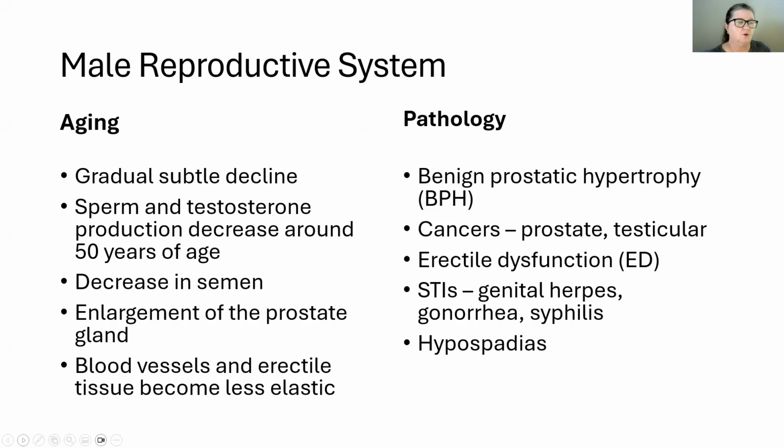There are the cancers, of course, testicular and prostate cancers in men, erectile dysfunction, and certain STIs, genital herpes, gonorrhea, syphilis. And then there's another pathology. This is usually congenital, or they're born with it, hypospadias, which is when the urethral orifice is not at the end of the penis like it should be. It's on the back side of it, or the dorsal side of the glans penis.